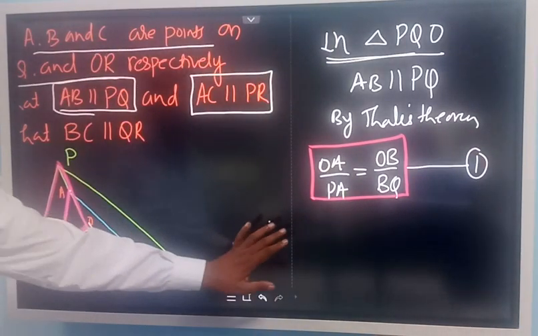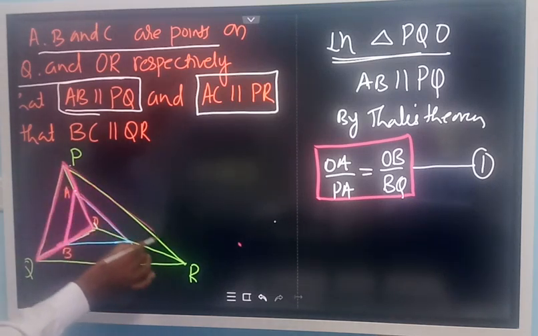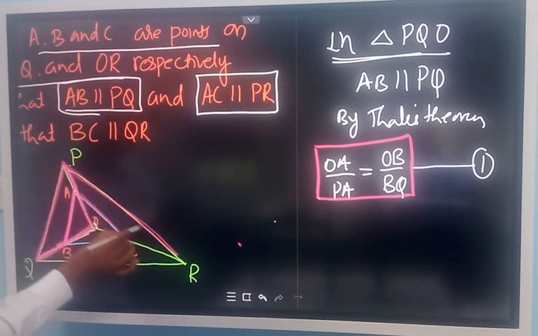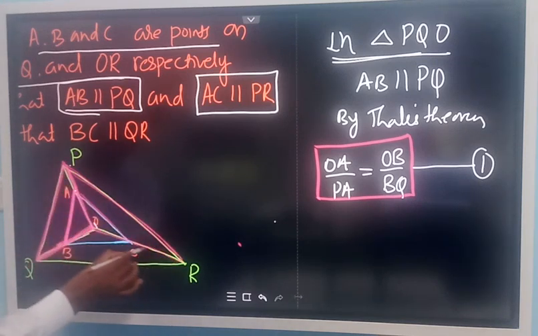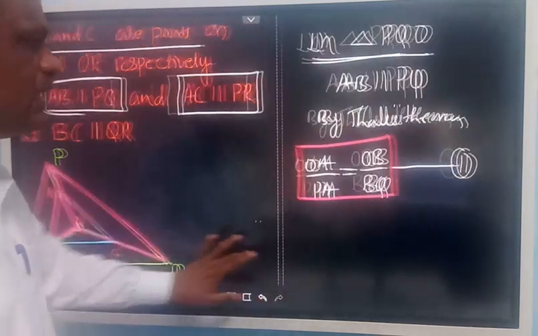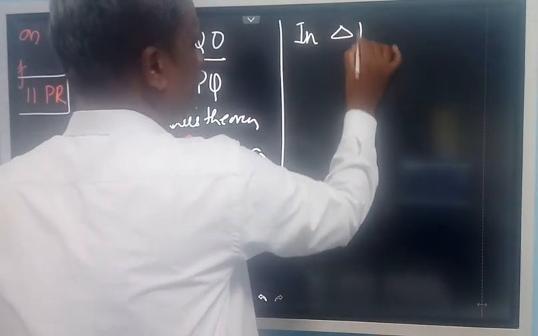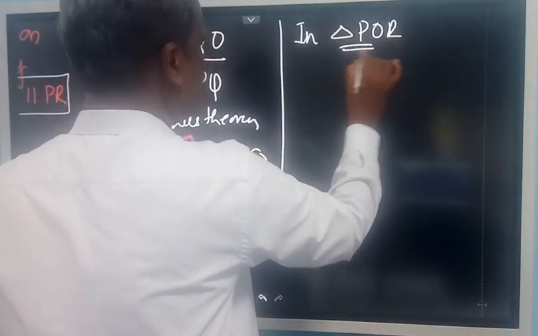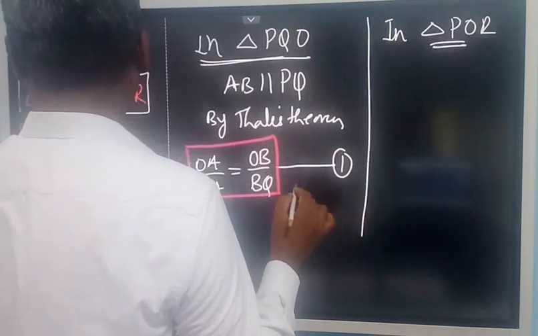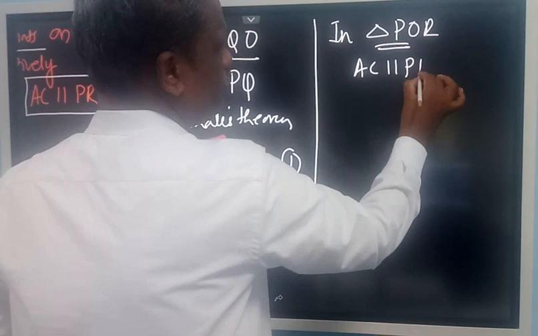Then come to AC parallel to PR. AC is this line, parallel to PR, this line. So in the second triangle, in triangle POR, we have AC parallel to PR.